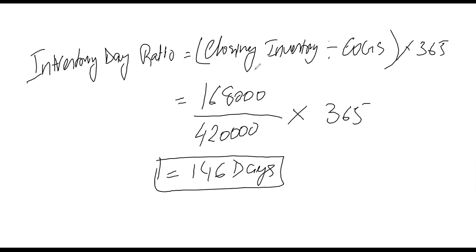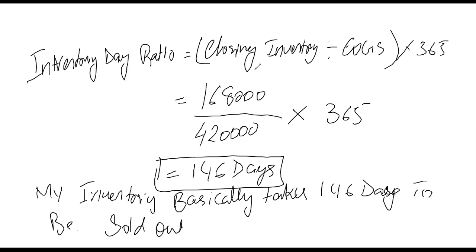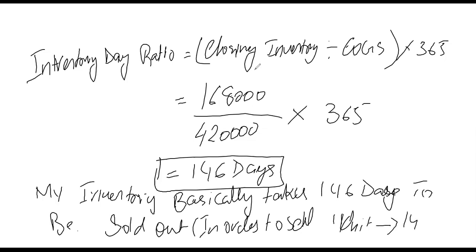So, by 146 days, I mean that my inventory basically takes 146 days to be sold out, or in order to sell one unit, you need to wait for 146 days.